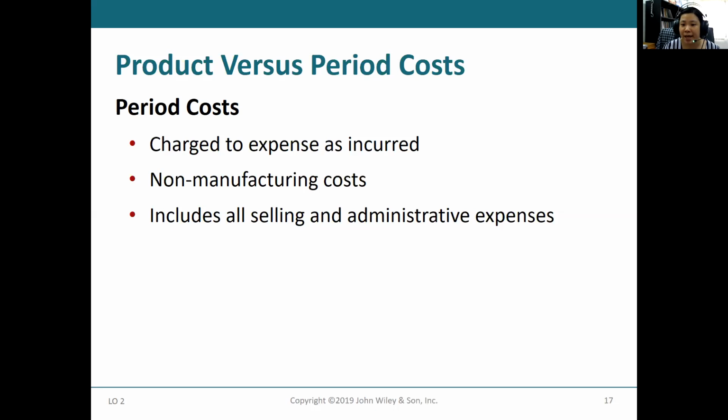Administrative expenses may include, for example, the wages that we pay to the president, the wages that we pay to the secretary, the accountant, depreciation expense of the copy machine in the office. So mostly about office expenses. It's not related to the factory.